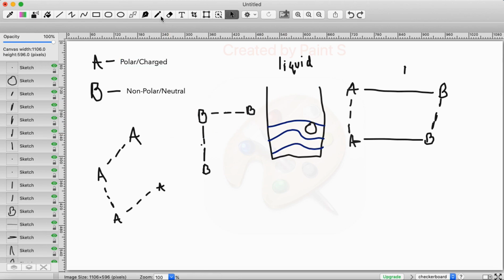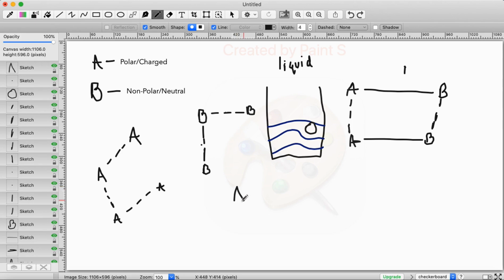One more thing: let's say you have A and B. A is a certain bunch of molecules together that are polar, and B is a bunch of molecules together that are nonpolar. These don't mix, right? You end up with a pool of B in A, depending on how much A and B there are.